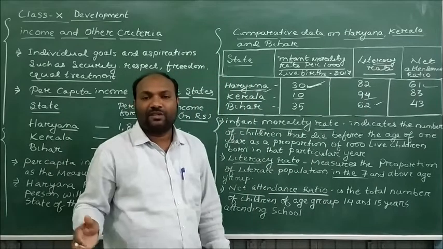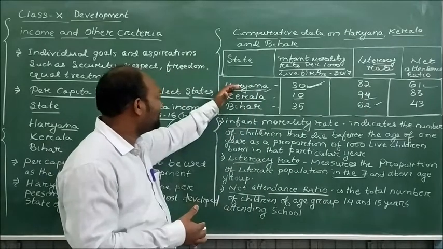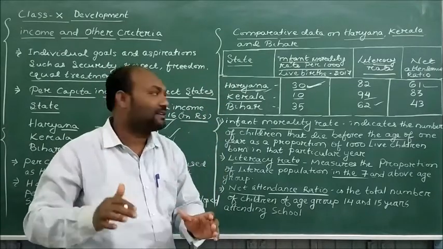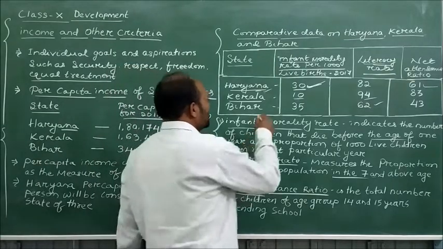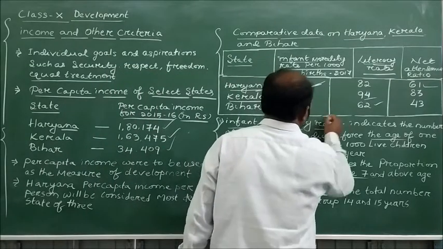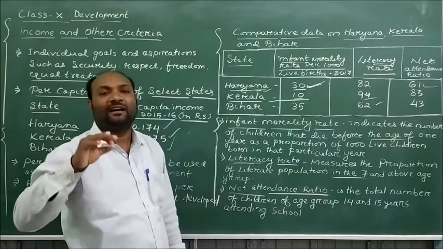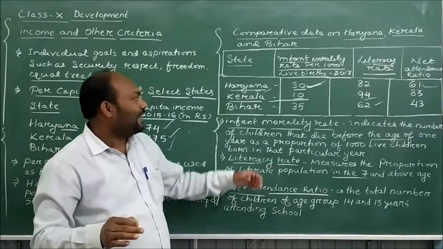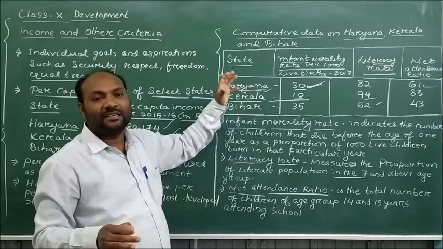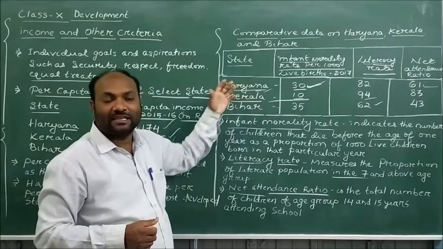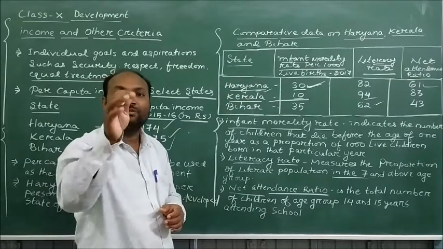So, dear students, when we make comparisons between all three states, we come to understand that Kerala, which is considered the most developed state in India after taking the three criteria into consideration, is revealed to be the most developed.